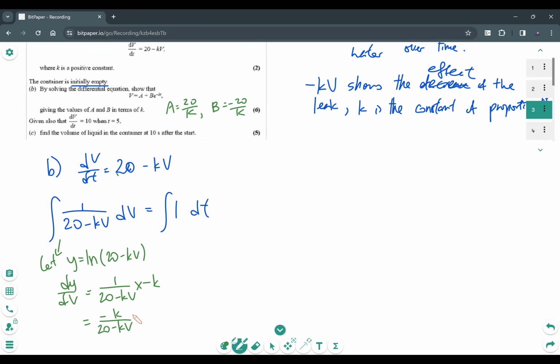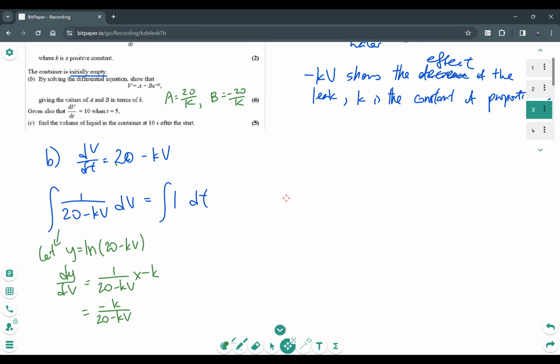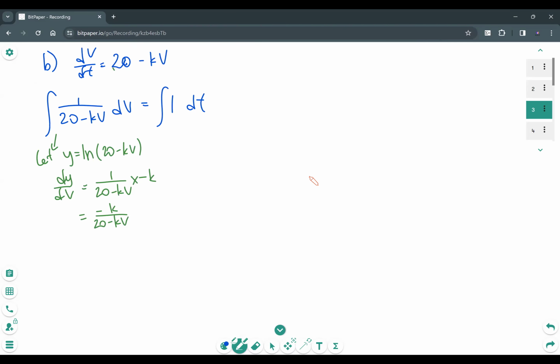Compare with the original: there's no minus k in there, so we have to multiply by the reciprocal. So it will be negative 1 over k ln of 20 minus kV. On the right side, integrating 1 gives t plus c.